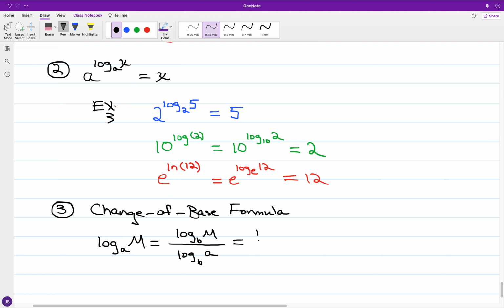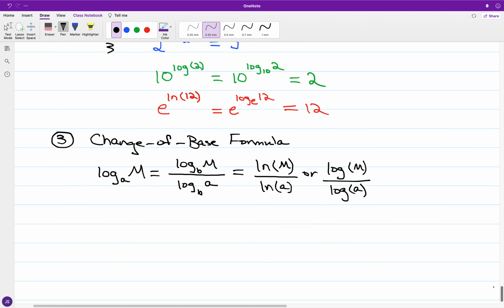If you're converting, the base b logarithm could be the natural logarithm, like the natural logarithm of m over the natural logarithm of a, or it could also be the base 10 logarithm of m all over the base 10 logarithm of a. You have your choice. It will come out to the same reduction.